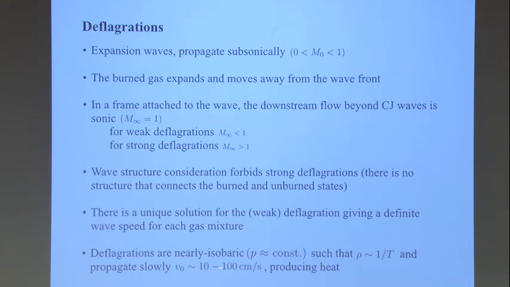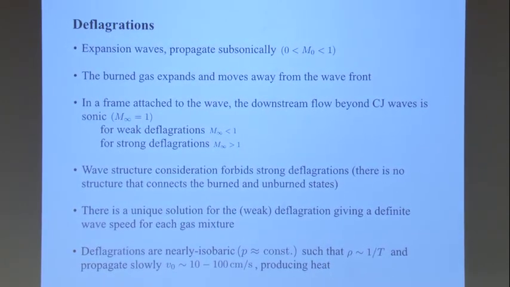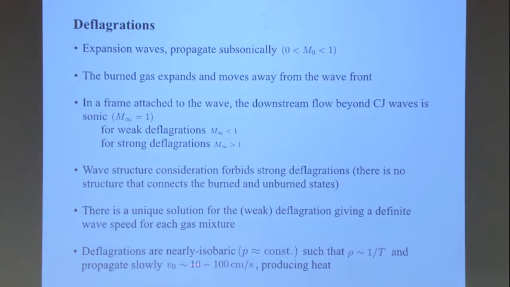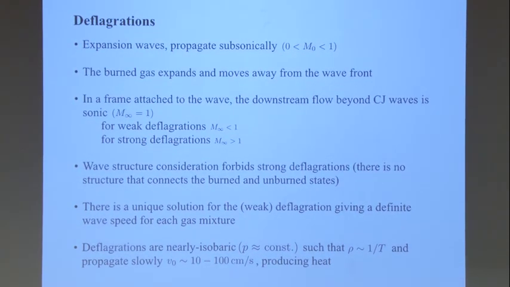So finally, deflagrations are nearly isobaric. You notice that the pressure just decreases very slowly, and up to hitting the first intersection point, really the changes are quite small. And we are going to discuss this because it's related to the so-called zero Mach number approximation or low Mach number approximation that describes flames.